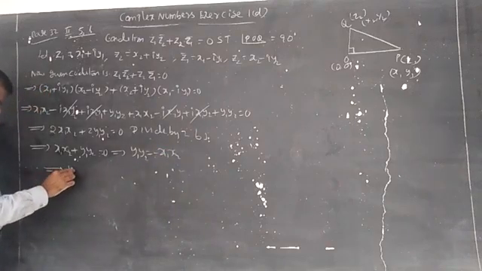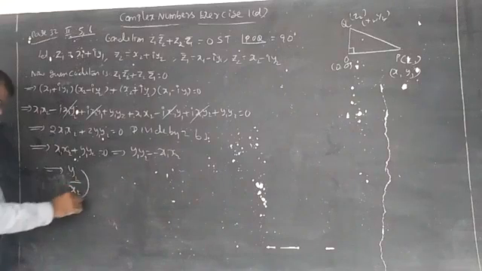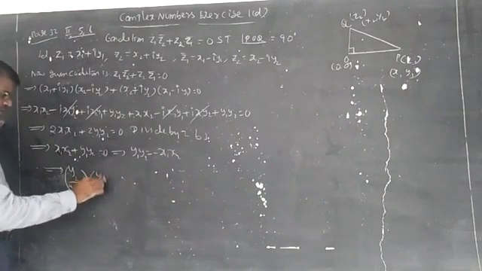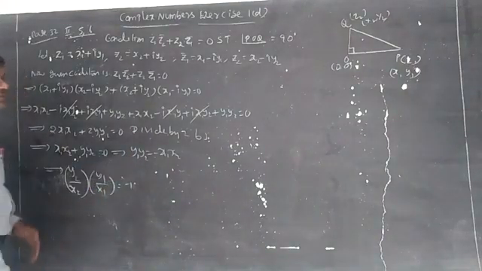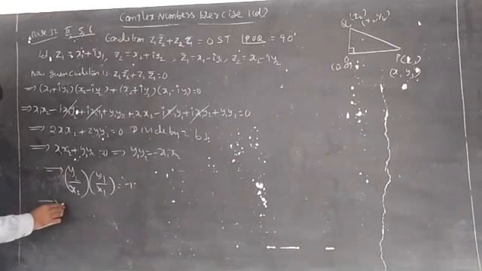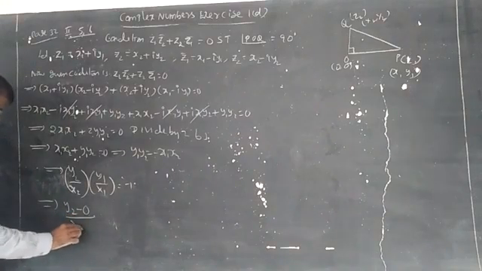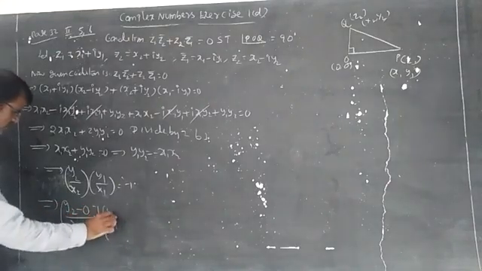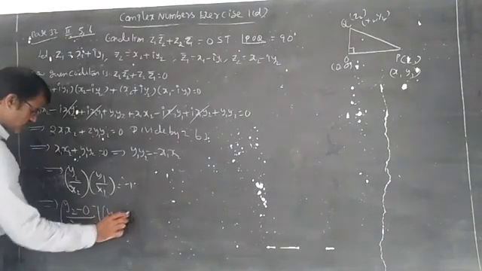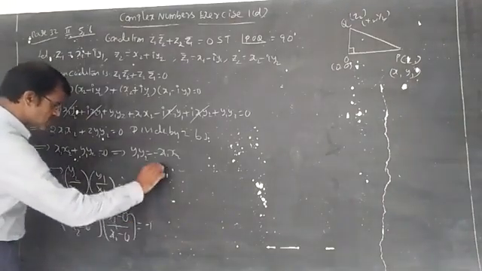Next step, write like this: (y2 by x2) within brackets times (y1 by x1) is equal to minus 1. That implies (y2 minus 0 by x2 minus 0) times (y1 minus 0 by x1 minus 0) is equal to minus 1.